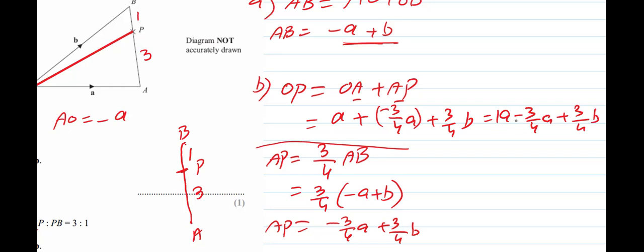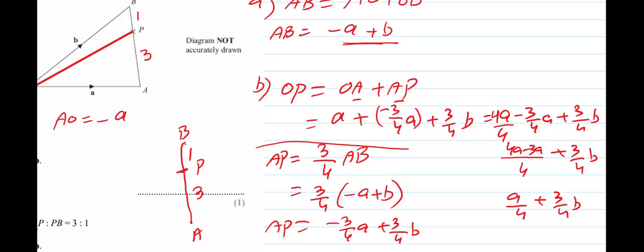Its coefficient is 1, so 1 minus 3 over 4 you have to take. Take the LCM of them, make the same denominator, 4 up, 4 down. So for LCM, it will be 4A minus 3A, plus 3 over 4B. So it will be A over 4 plus 3 over 4B. You can take 1 over 4 common also or leave it as it is, no problem.